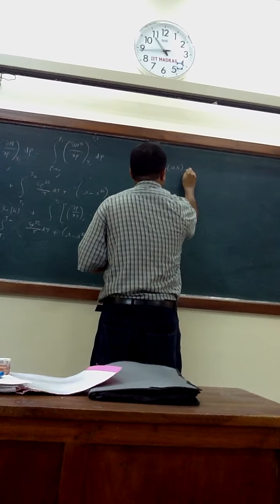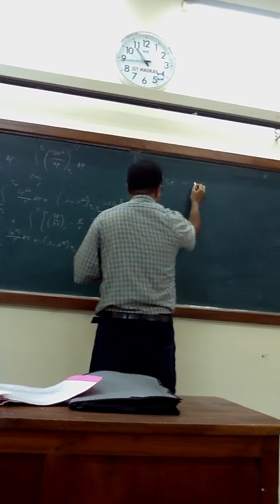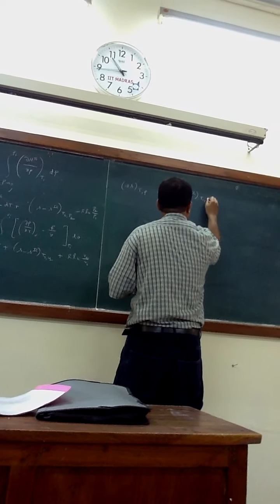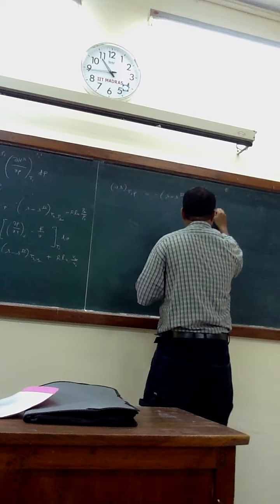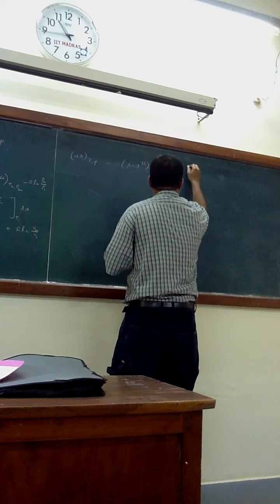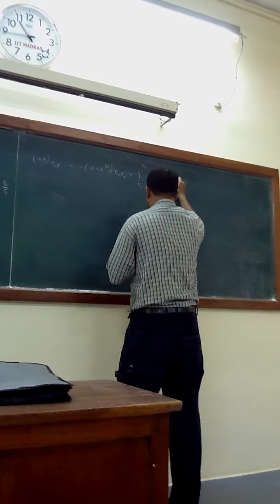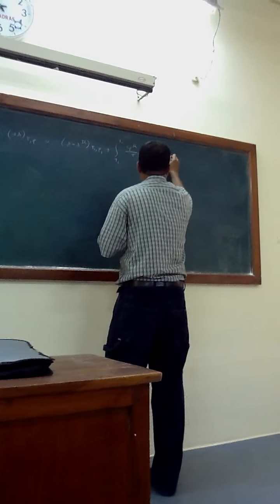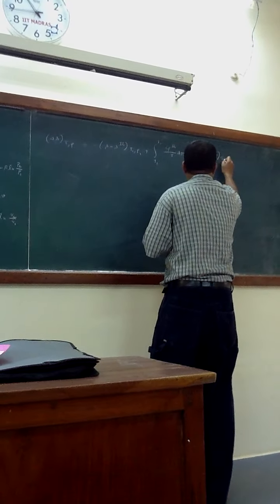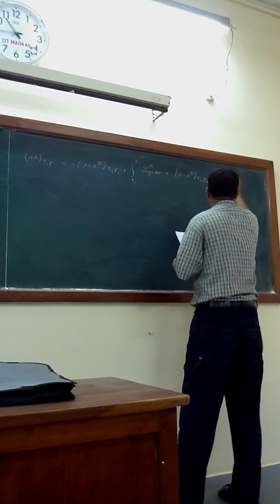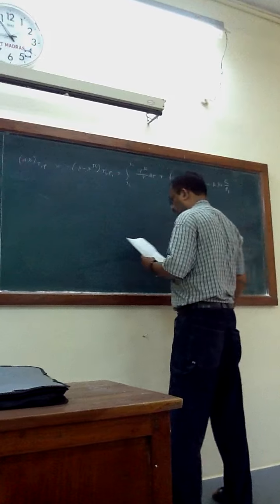Delta S TP, which is S minus S ig at T1 P1 plus the integral from T1 to T2 of Cpig by T dt plus S minus S ig at T2 P2 minus R ln P2 by P1.